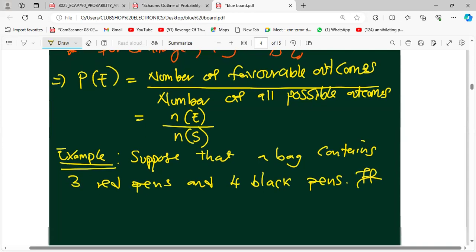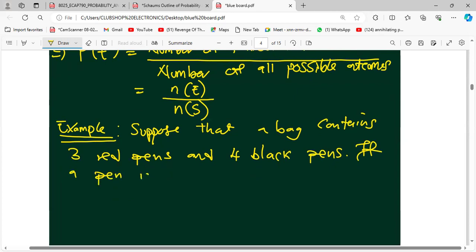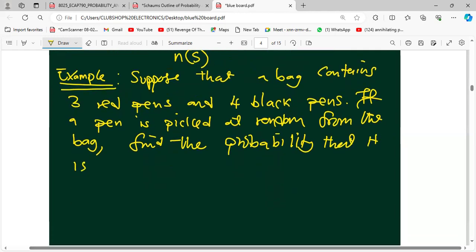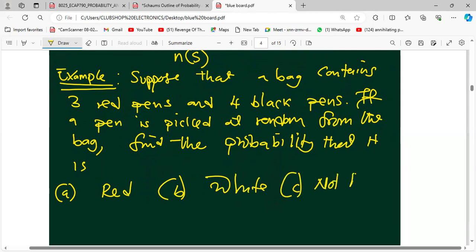If a pen is picked at random from the bag, find the probability that it is A, red, B, white, C, not black.